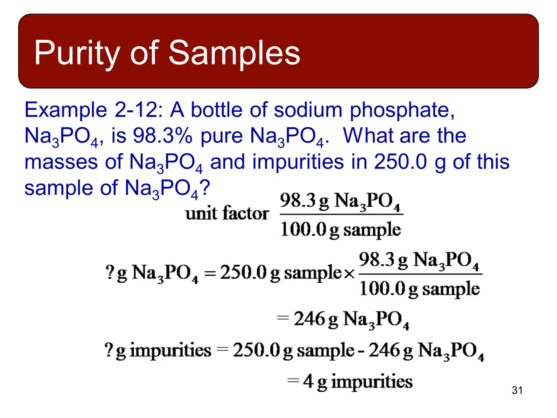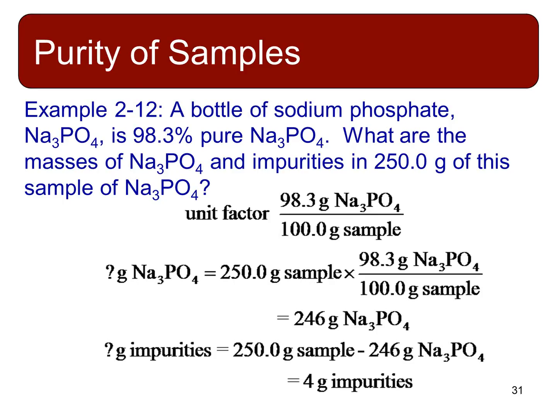Once again, whenever we see a percentage, this means it's out of 100, right? So we can say that 98.3 grams out of a 100-gram sample is pure. So if we have a 250-gram sample, we can multiply, and see my units cancel.